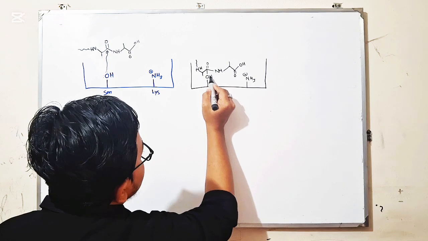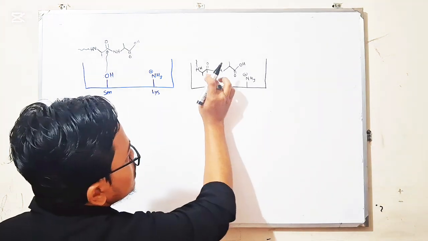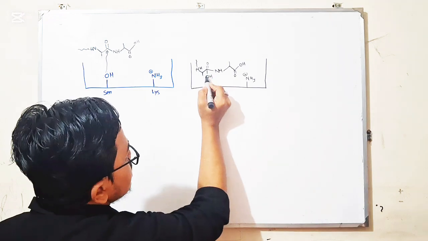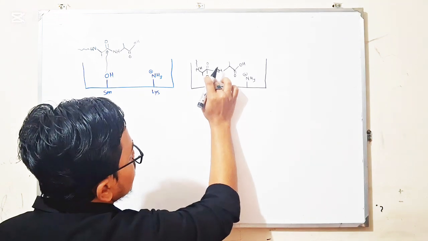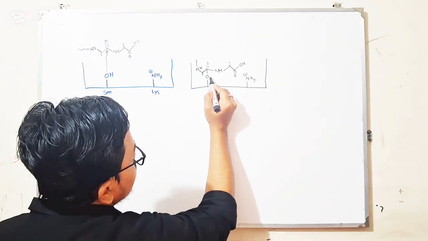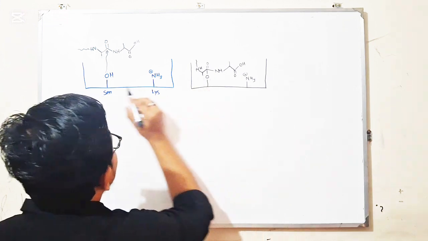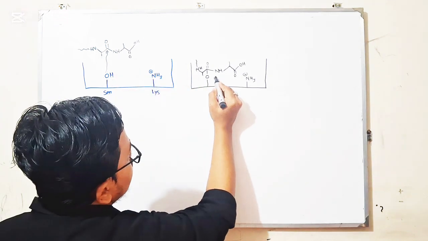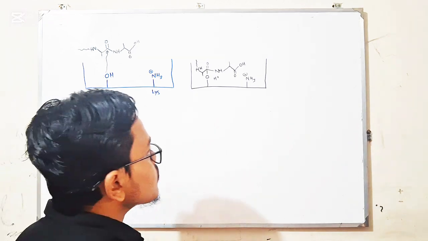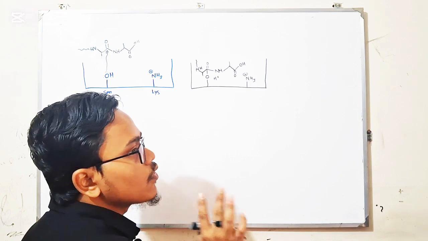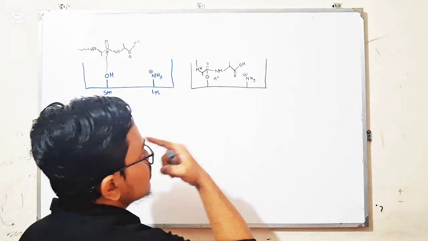The oxygen will become positively charged as it donated its lone pair, so it will try to remove this hydrogen as H plus. Hope all of you know the basic organic chemistry.